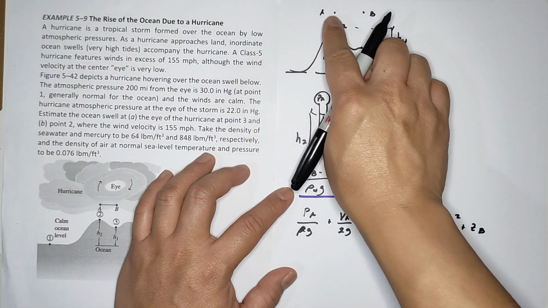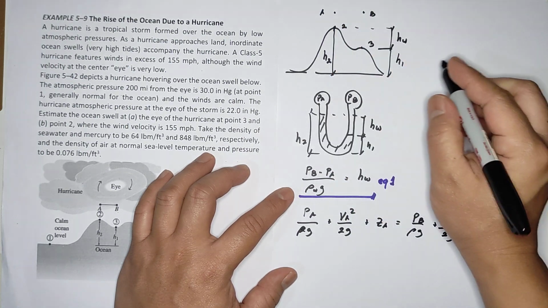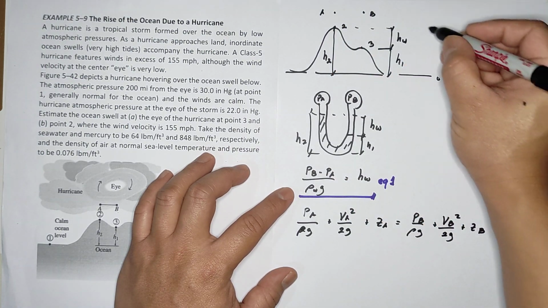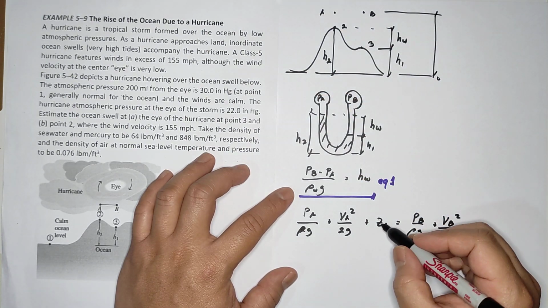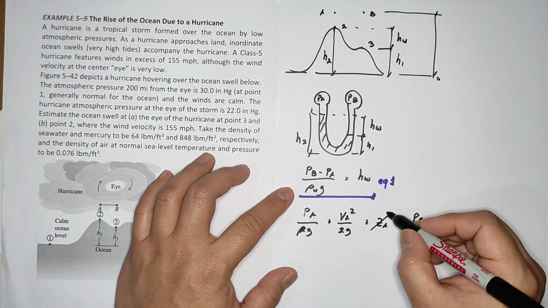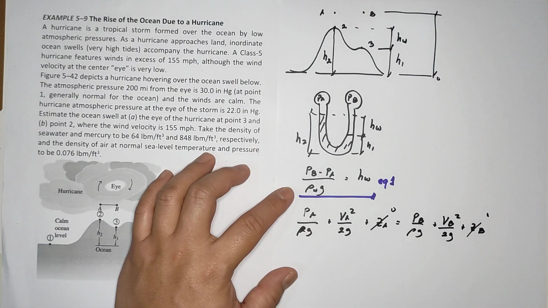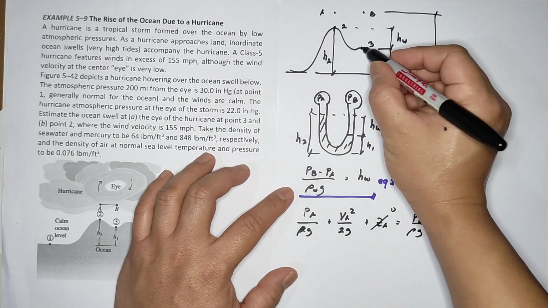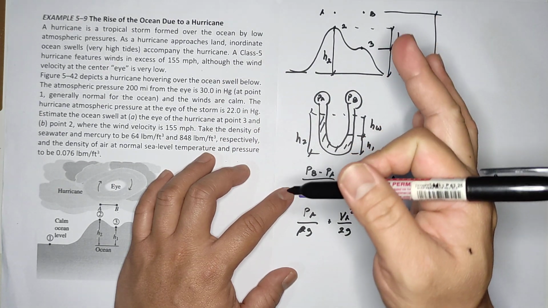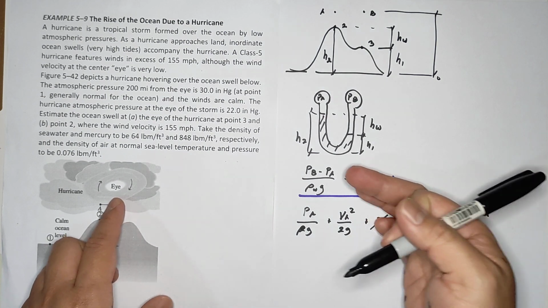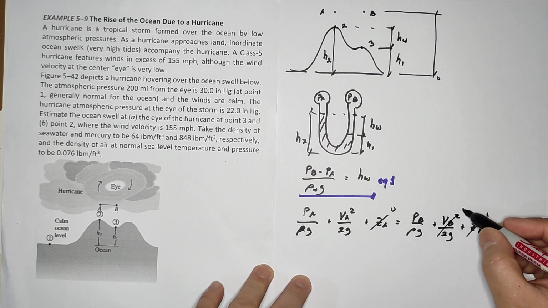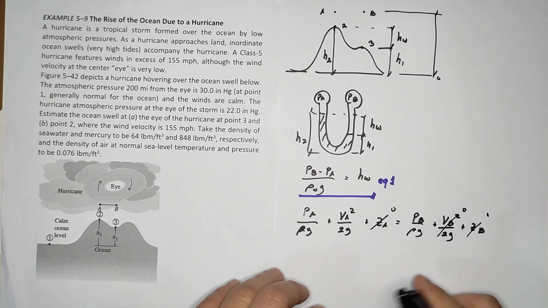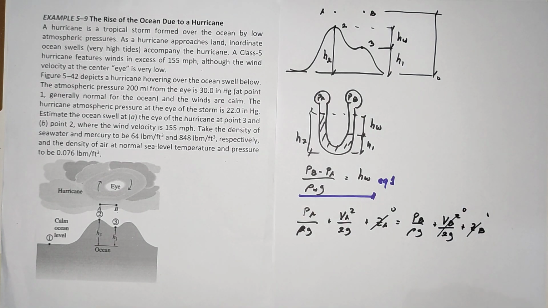Now, if you look at it, the elevations of A and B are the same, so they will cancel out. It is assumed that the velocity at B, that is at the eye of the storm, the velocity of air, is 0. So you will end up with these 3 terms.